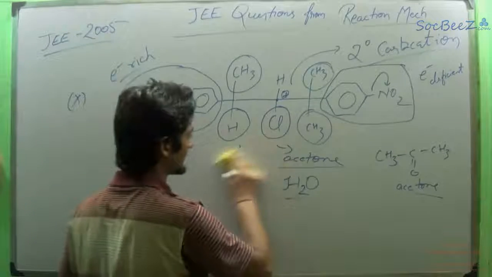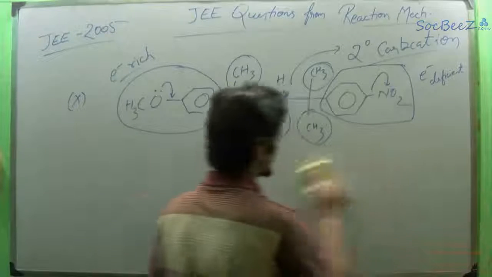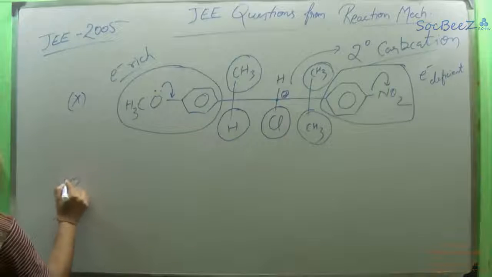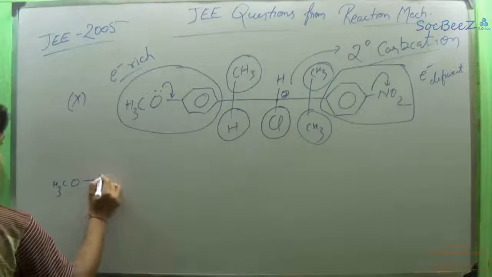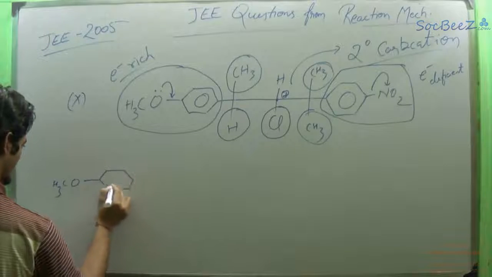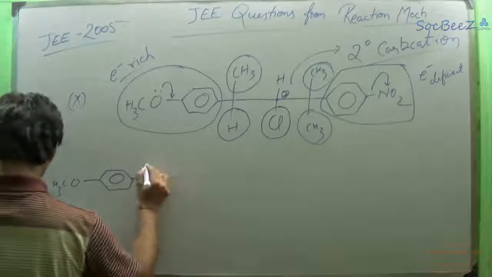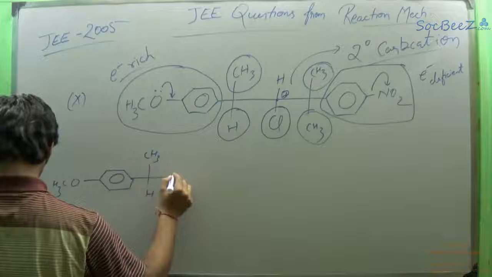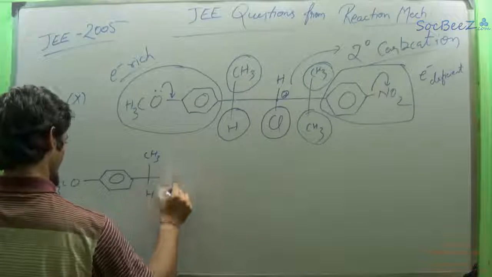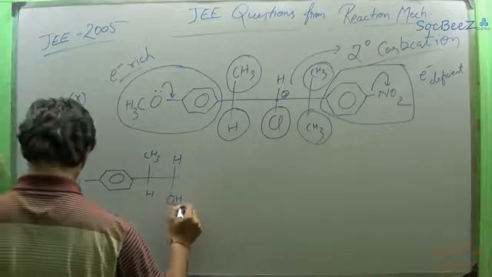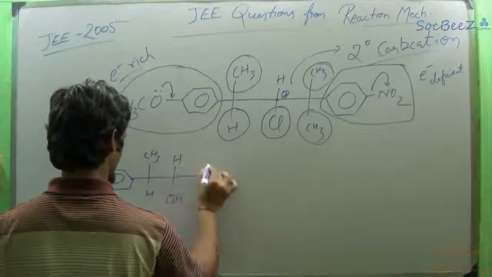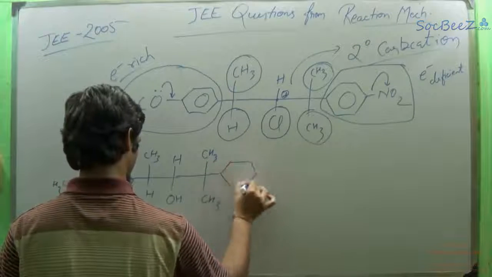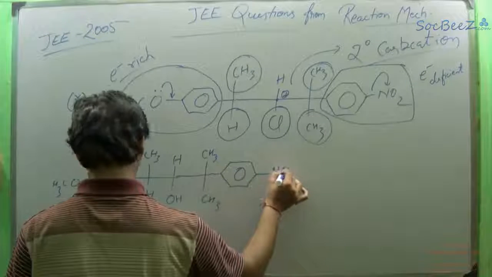So now let us see what options do we have. The 3 possible options are: OCH3, HCH3, HOH, again CH3, CH3, NO2.